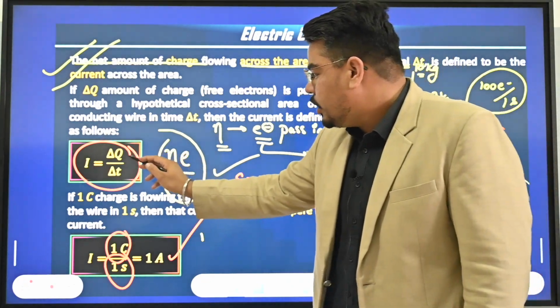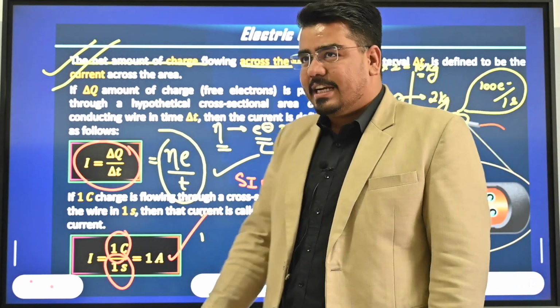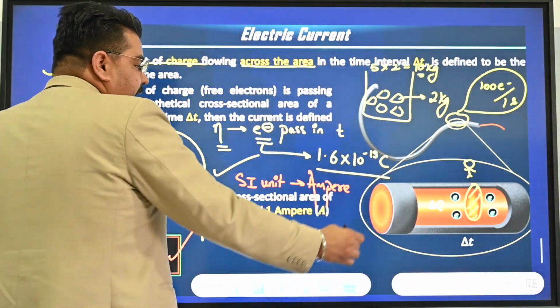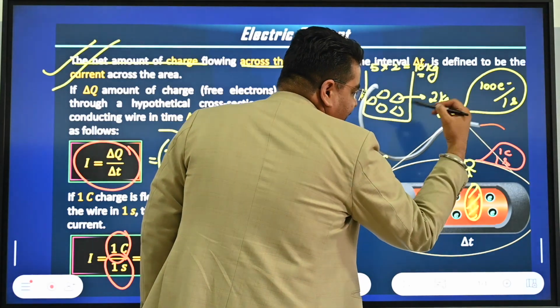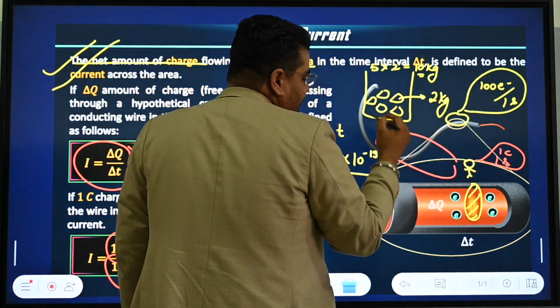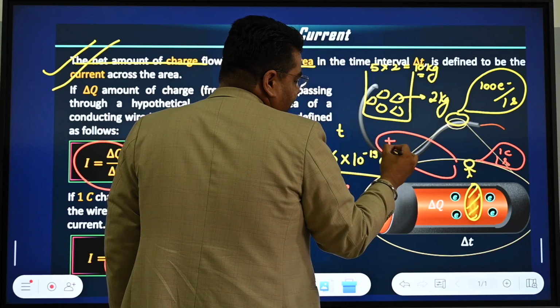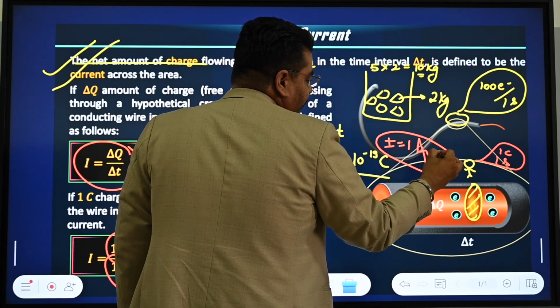Total charge Q is the charge that is passing through the cross-section area in 1 second. If it says that 1 coulomb is passing in 1 second, then we can further state that 1 ampere is the current in the wire.